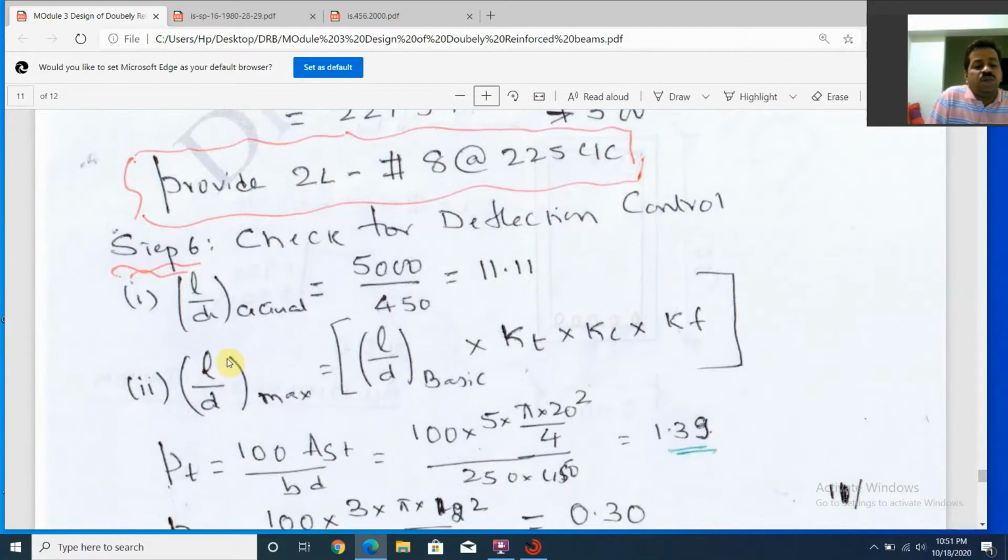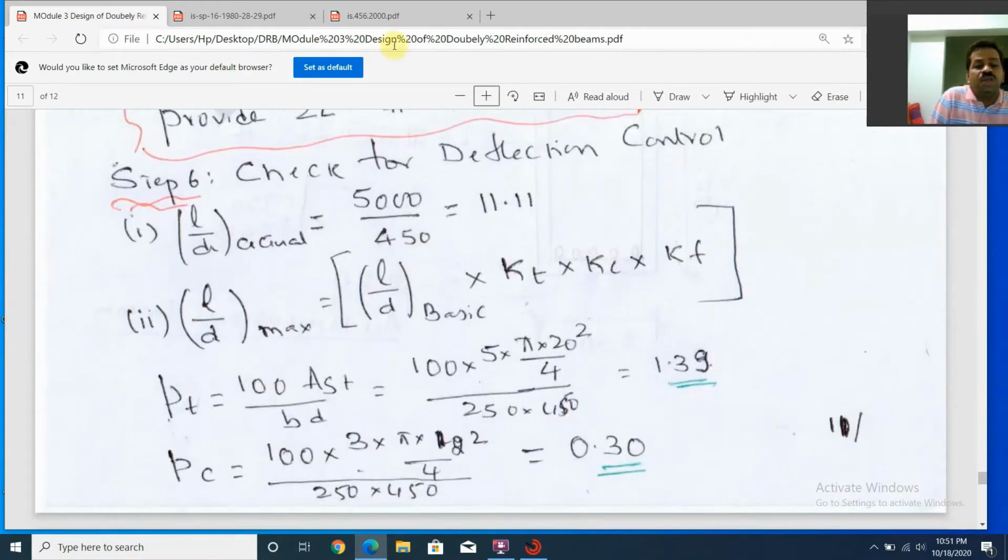And in a similar way, L by D maximum is equal to L by D basic into the modification factor for tension reinforcement, the modification factor for compression reinforcement, and the modification factor for a flange beam. Anyhow, the flange beam is not here, so only KT and KC come into the picture.